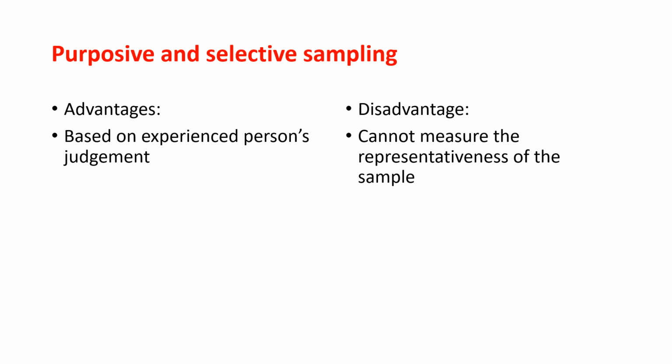So that is purposive sampling. Advantages: it is based on the experienced person's judgment. Being a researcher for a long time, I know that to get this particular study, I need to focus on those adolescent groups. So that is based on my judgment. And what is the disadvantage? It cannot measure the representativeness of the sample.